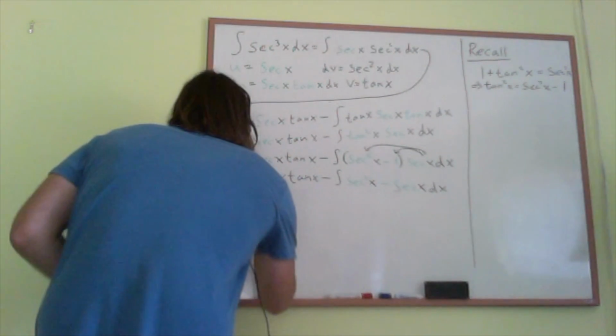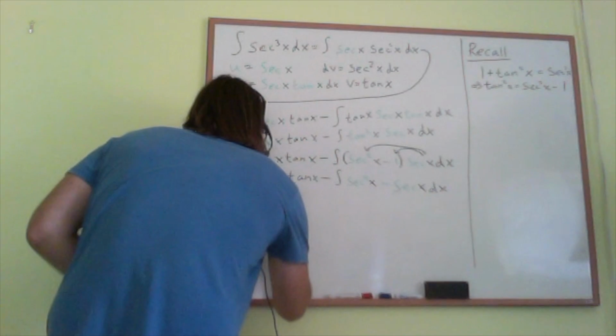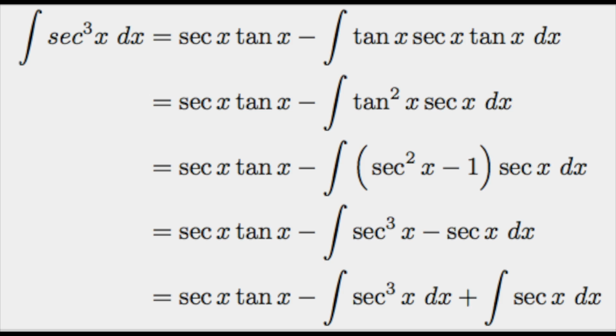So we get secant x tangent x minus integral of secant cubed x dx, and negative becomes positive. So let's do plus integral secant x dx.